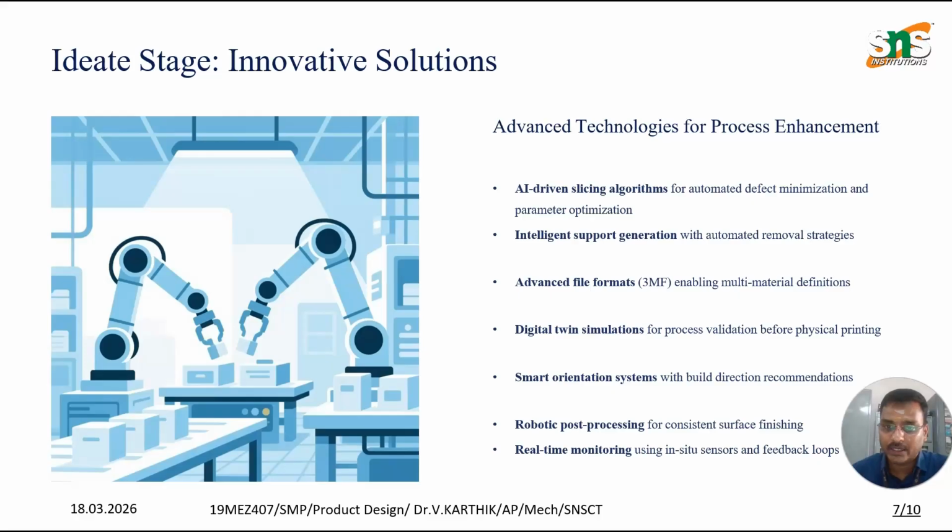Here, the AI techniques or AI tools, I mean automated tools, are used for the minimization of the defects and the parameter optimization, and the intelligent support generation with the automated removal strategies, advanced file formats, and then digital twin simulations, and then smart orientation system, and then robotic post processing and real time monitoring system. These are all the things that are used in the advanced, ideal stage of the smart manufacturing technique.